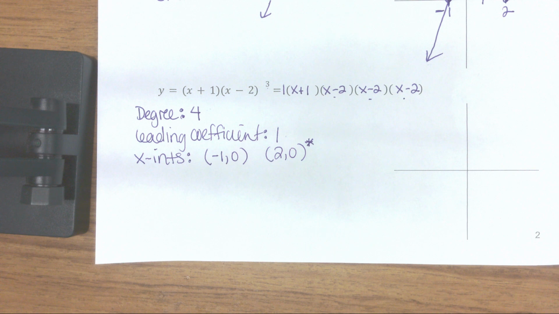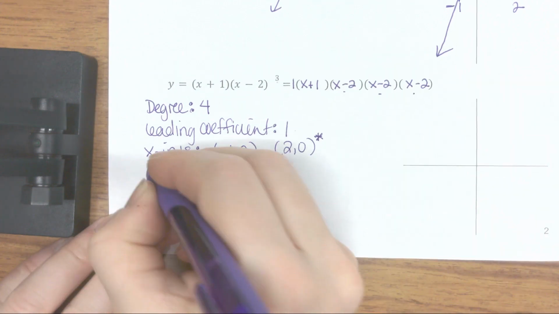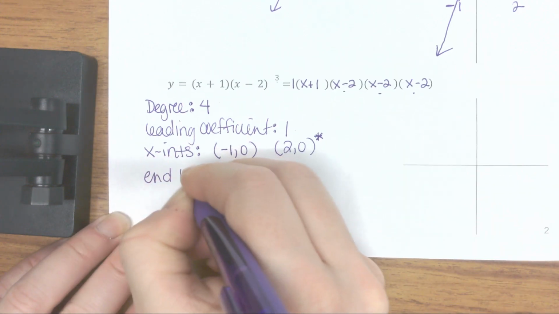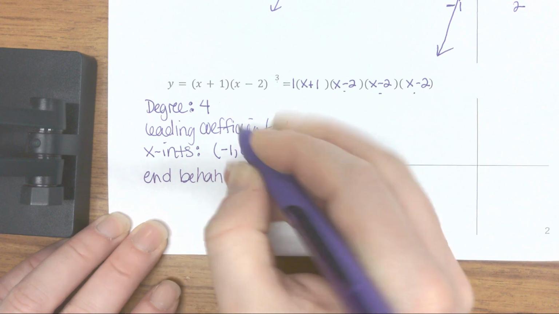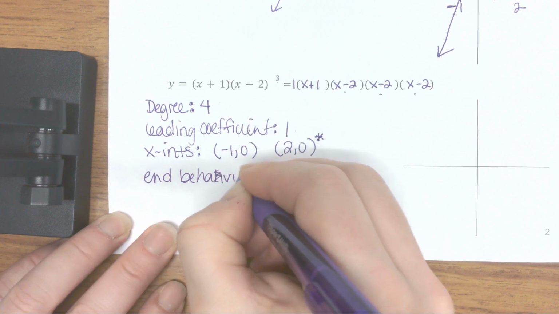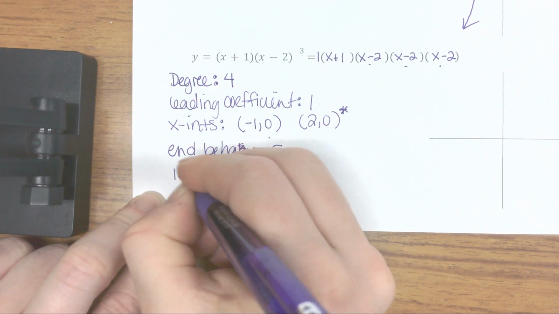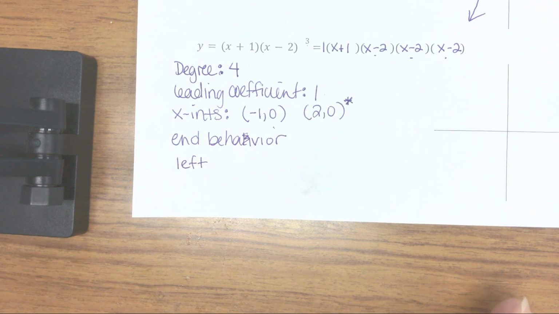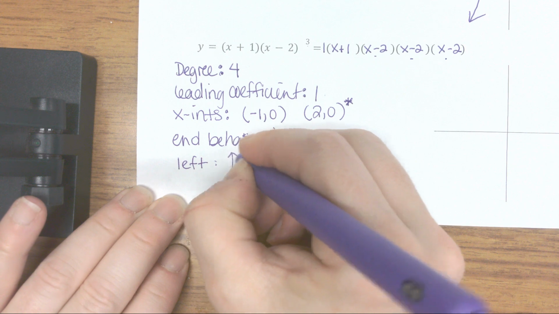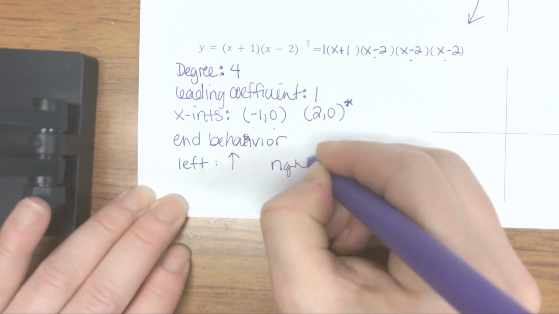Okay, I'm seeing some of you that are saying both up, and that's correct. So we know that the end behavior, I'll say to the left is up and the right is also up.